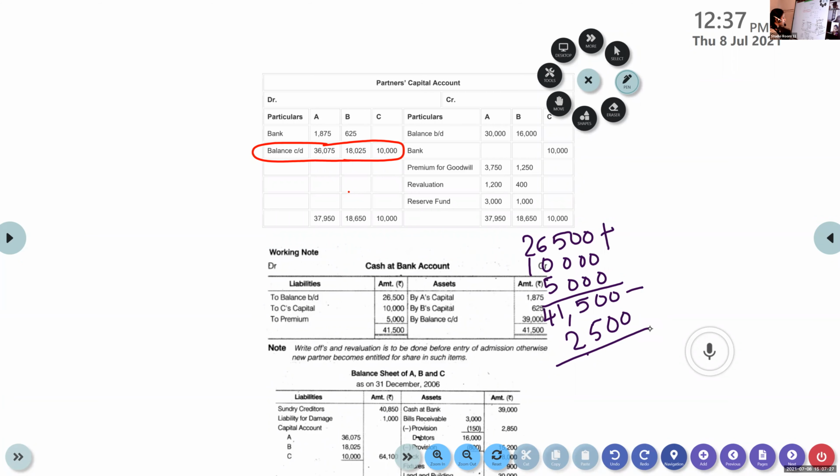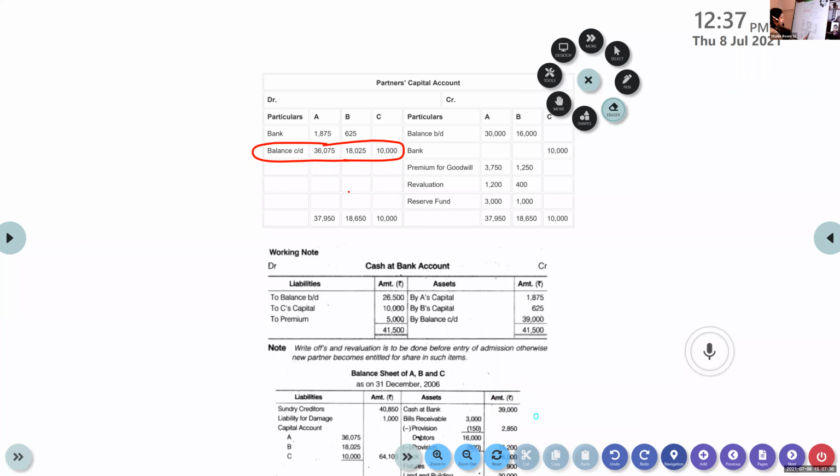This way also you can find the new balance. It is not compulsory that you should prepare the cash account. No need. The only thing is we should get our balance sheet tallied, so the amount should be right.